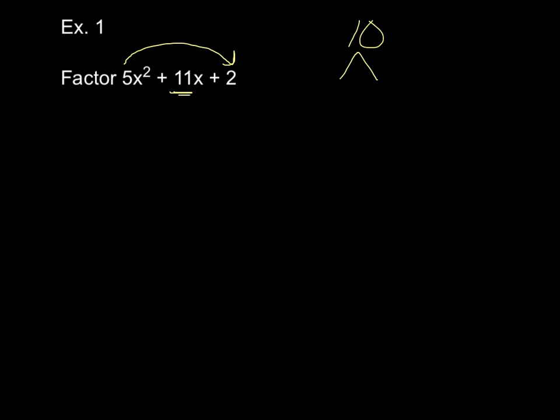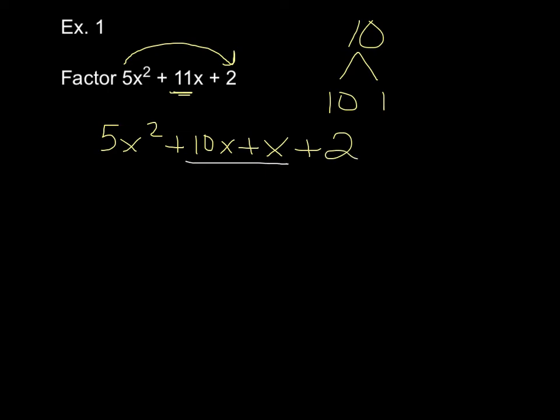Okay. So 10 times 1 will give me the 11. So what I'm going to do now is take that 11x and split it into a 10x plus 1x. Okay. So see here in the middle, we've split that 11x and made it 10 plus 1.